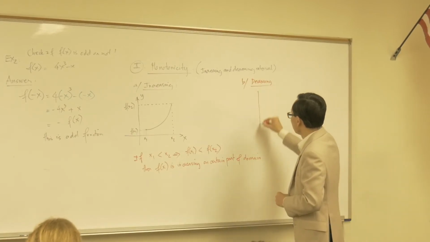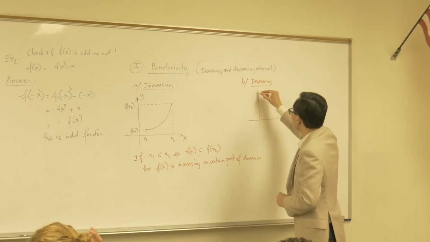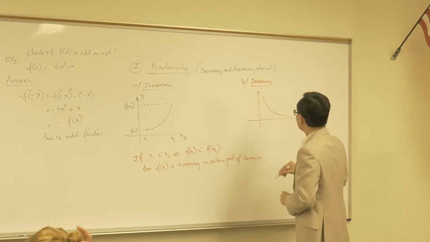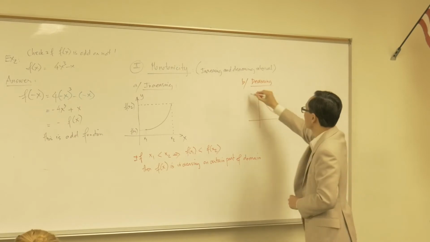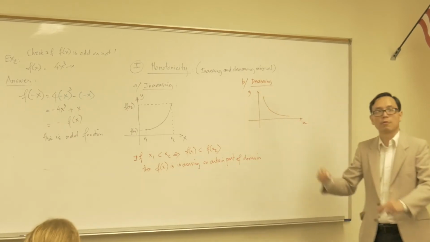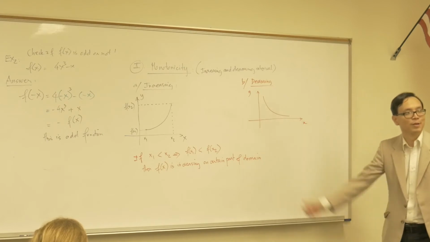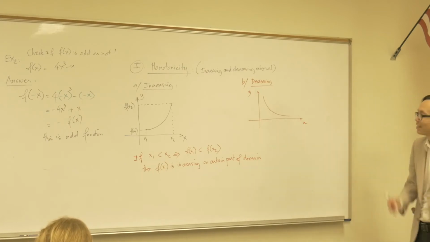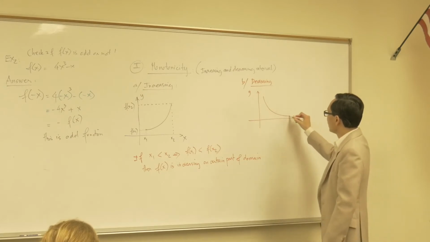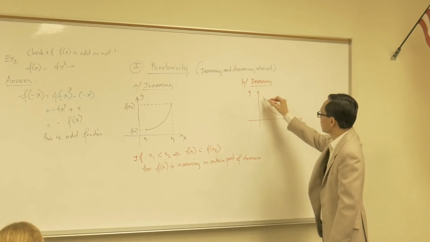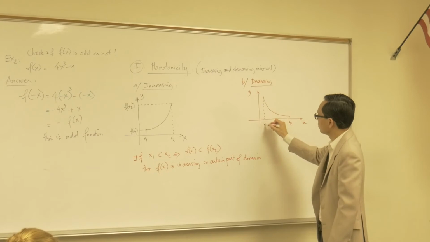Okay, I have a graph that looks like this. Well, you know right away by your observation, this curve is decreasing. And I say this is x2. I say this is x1.